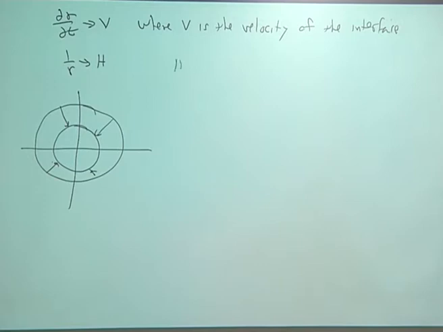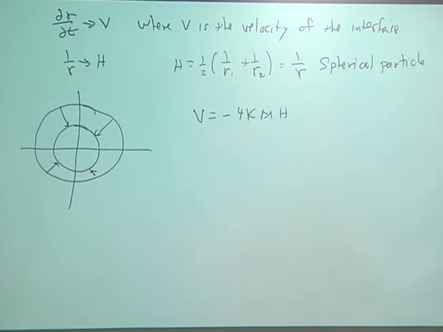So H, which for a spherical particle would be just 1 over R. And so you get V is equal to minus 4KmH.